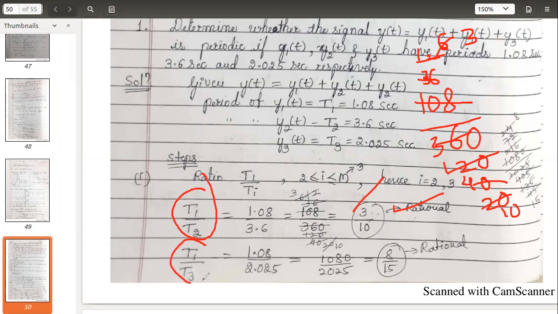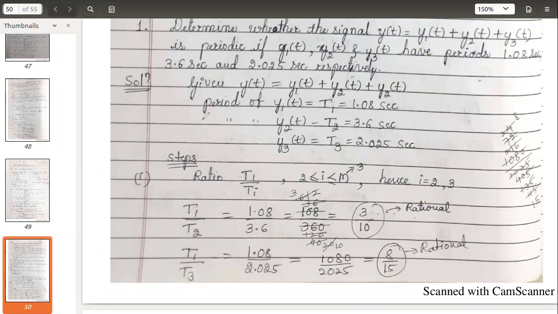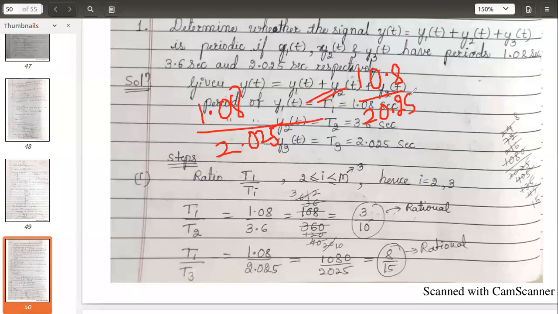Similarly, let me go for T1 by T3. What is T3? T3 is this, T1 is this, so let me repeat the same one more time. Numerator is 1.08, denominator is changed to 2.025. Let me see how many decimal points I have to move. Let me start with moving one decimal point: I'll get 10.8 here and I'll get 20.25 with one movement.